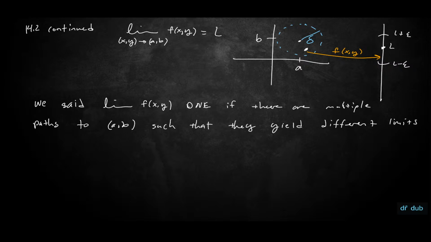So that's how we showed that a limit did not exist, by showing that multiple paths yield different limits. So that's kind of everything we went over last time. We also went over the squeeze theorem, and we did a squeeze theorem example in addition to using the definition.